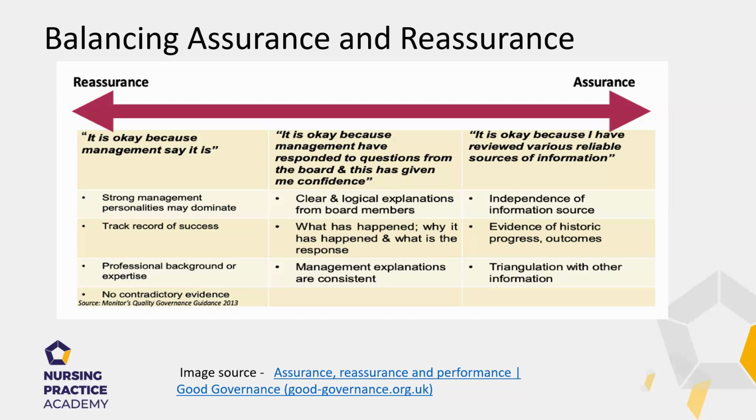And assurance is, it's okay because I've reviewed various reliable sources of information. So it's okay because I've looked at our audit results, I've looked at our infection results, I've been down to the area to check. So I have that assurance now that Trinity Ward are doing what they should be doing.